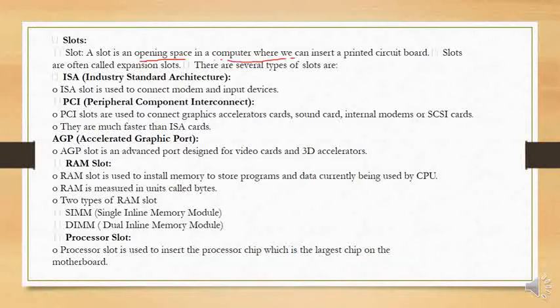AGP, that is accelerated graphic port. The AGP slot is an advanced port designed for video cards and 3D accelerators. Here, we can see two-dimensional and three-dimensional images. To make use of such videos or images, there is a need for these graphic cards.